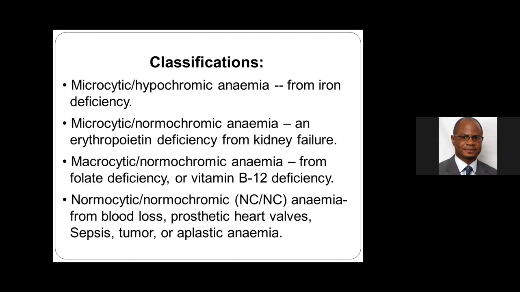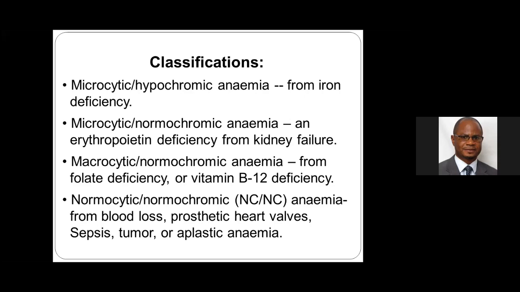Then we have normocytic normochromic, NCNC. This is normally from blood loss, prosthetic heart valves. When they put a metal clip in the heart valve to open the heart up, they tend to break down red blood cells, and we see normocytic normochromic anemia. Sepsis, infection, tumor, or aplastic anemia, where all the cell numbers are reduced in production. You find normocytic normochromic.